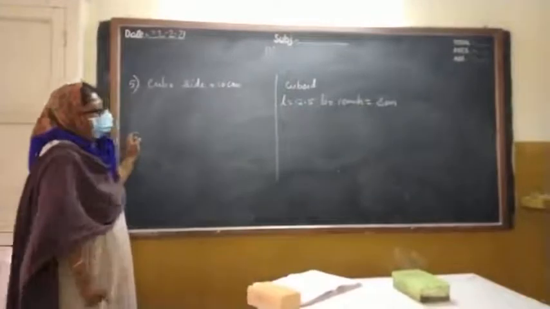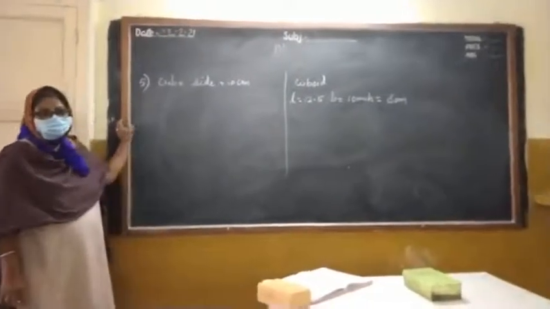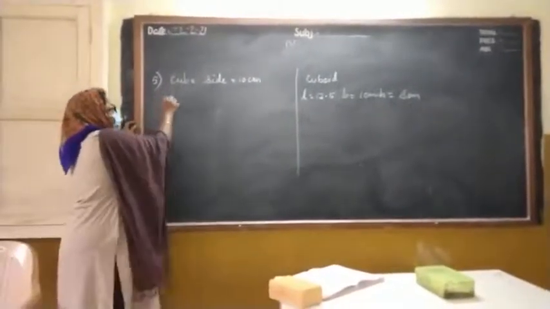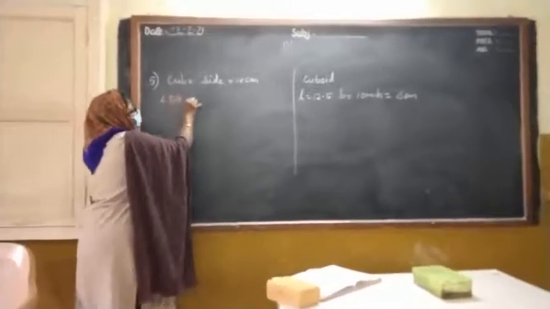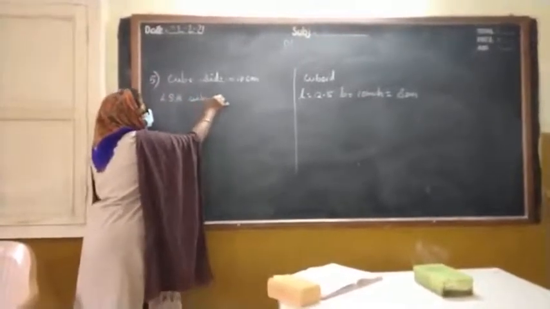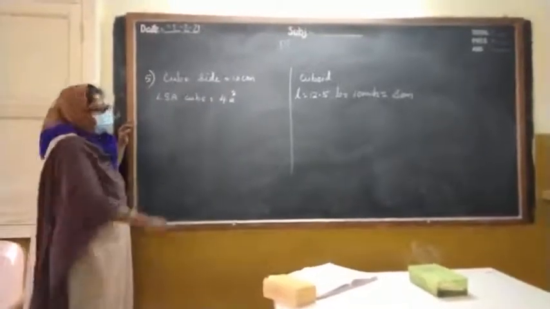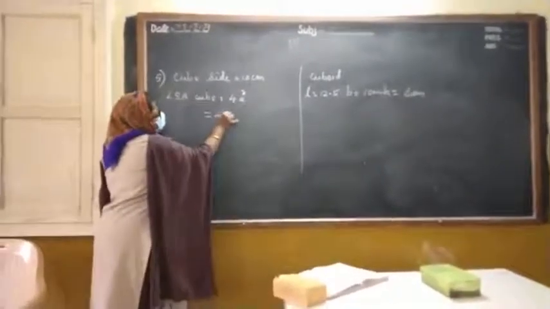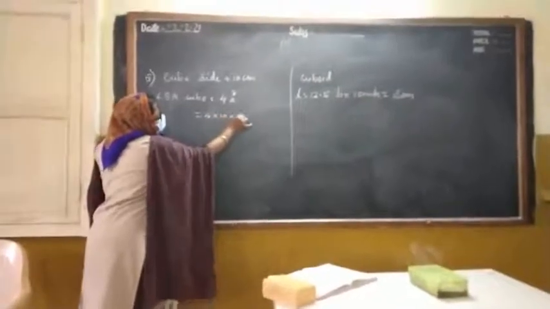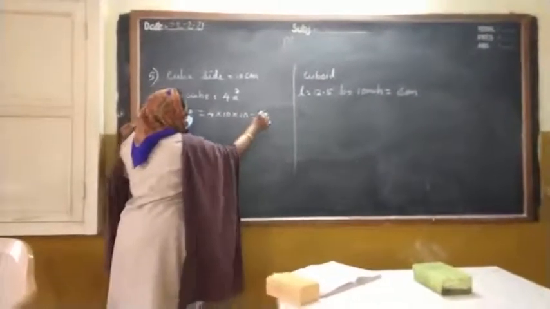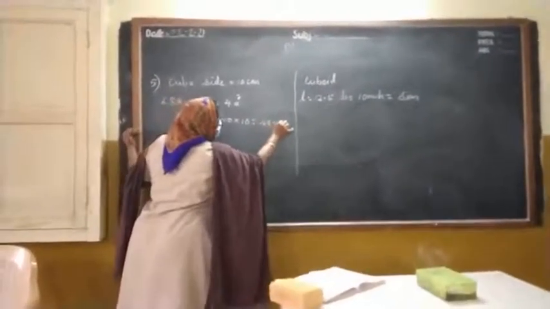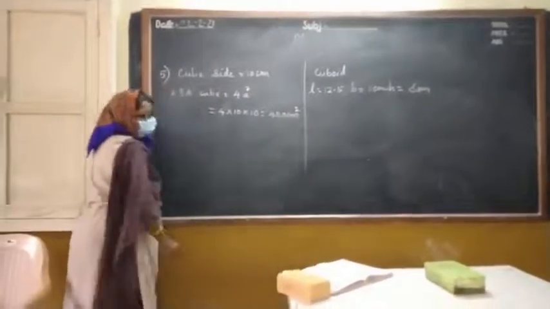Now, first one, lateral surface area. Lateral surface area of cube, what is that? 4a square. So 4 into 10 into 10, so 100 into 4, 400 centimeter square you will get.